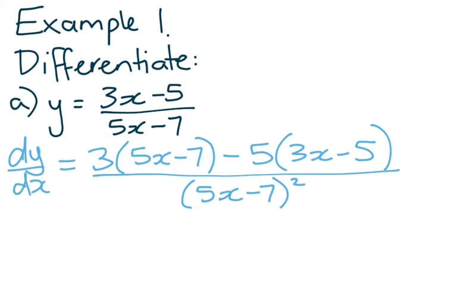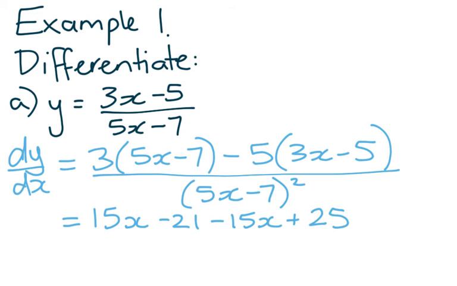Now, most of the time with quotient rule, if you are going to simplify, you only need to simplify the numerator. So what we're going to do is we'll just expand that. So we end up with 15x take 21, take 15x plus 25, remembering that negative 5 times negative 5 gives us positive 25, all over 5x take 7 all squared.